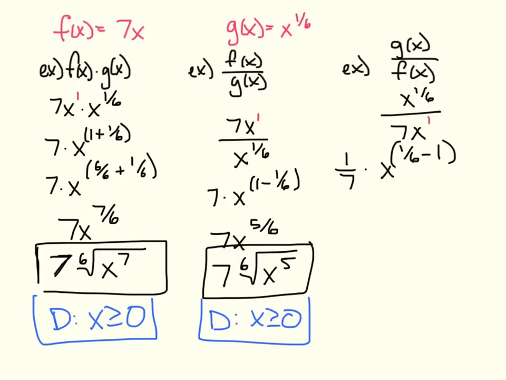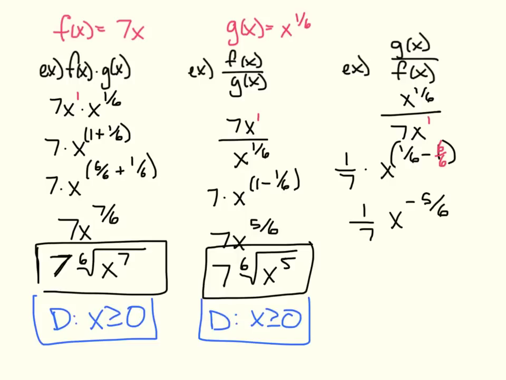So whenever we have division, we subtract them. Why is it minus 1 not plus 1? So this 1 is, again, the same thing as just 6 over 6. So that's 1/7 times x to the negative 5/6.